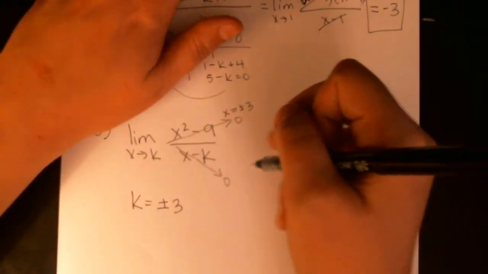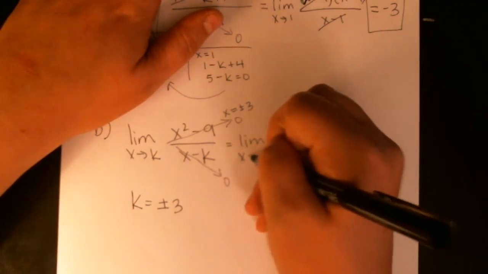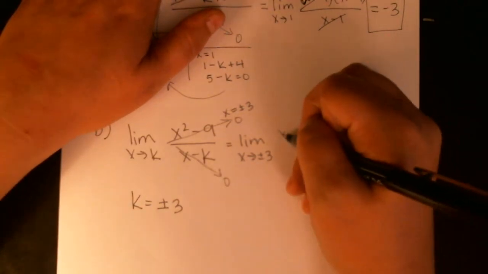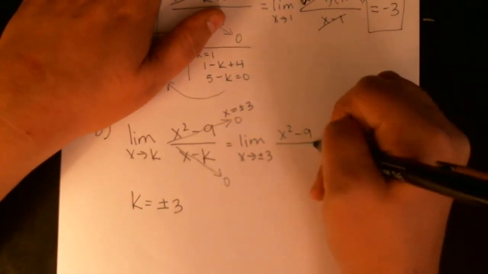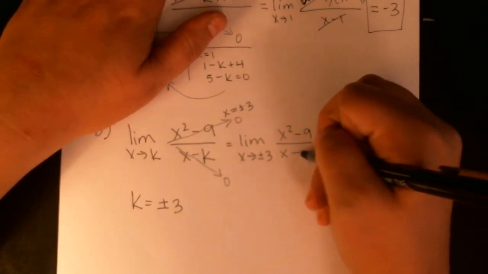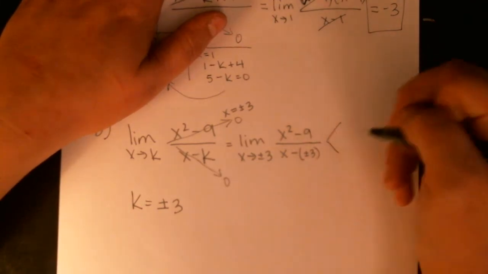So that turns this into the limit as x approaches plus or minus 3, which is really going to be two separate questions, of x squared minus 9 over x minus plus or minus 3. This is weird, so let's split it into two problems.